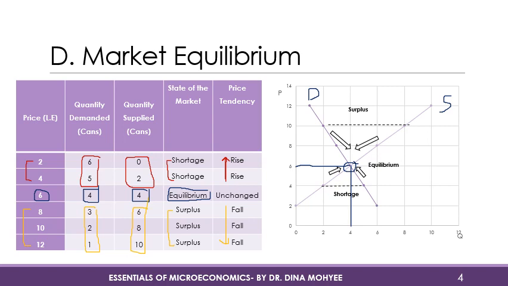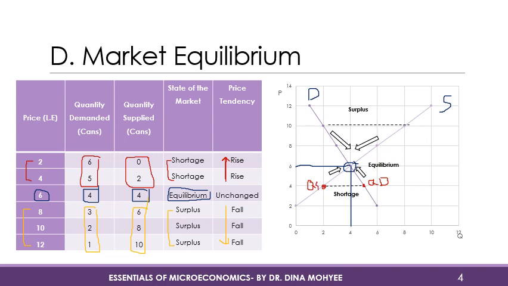At any price below the equilibrium price, we can find that the quantity supplied is less than the quantity demanded. This is the quantity demanded, and this is the quantity supplied.